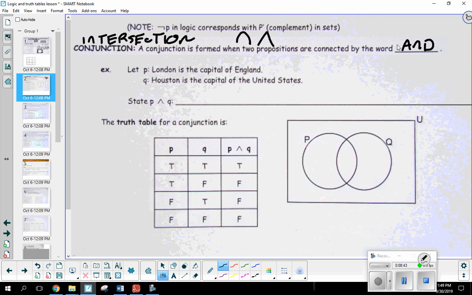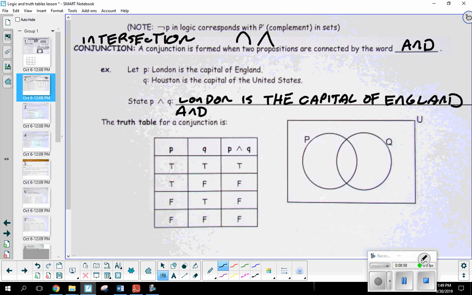Okay, so London is the capital of England, and Houston is the capital of the U.S. Okay.